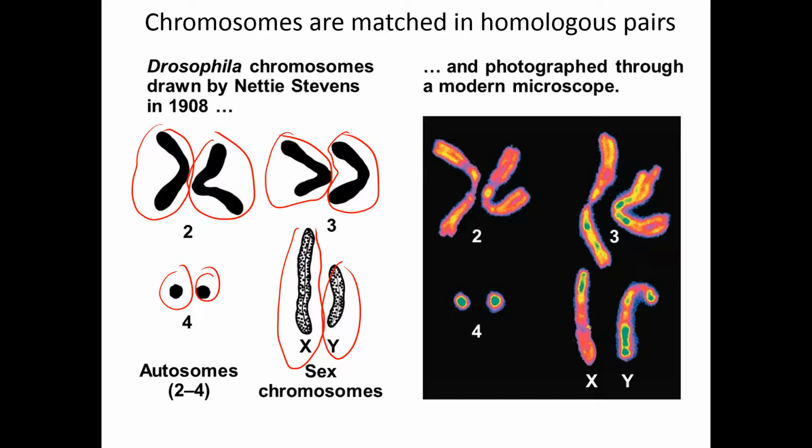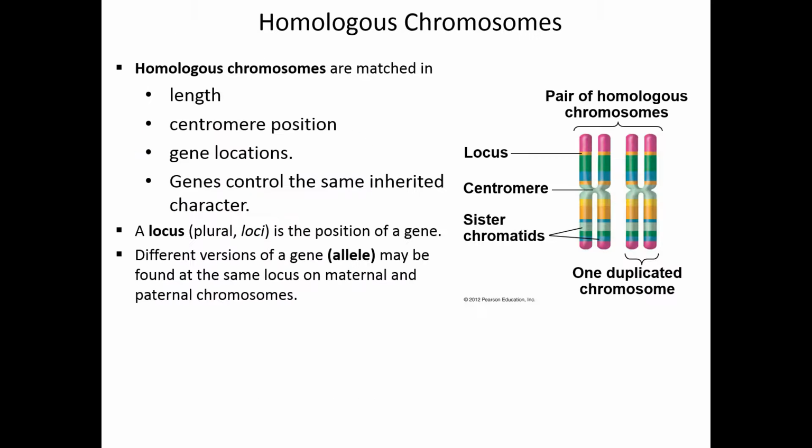Homologous chromosomes are the same length. They have the same centromere position. Centromere position can be central, a little off center, or towards the distal end of the chromosome. You also have the locations of the genes in the chromosomes.